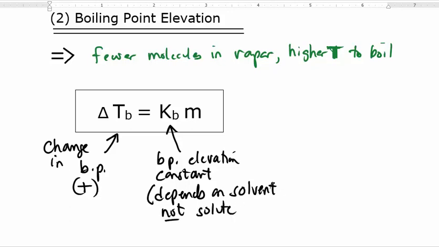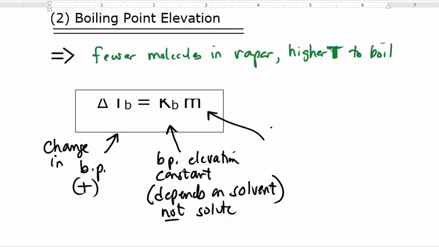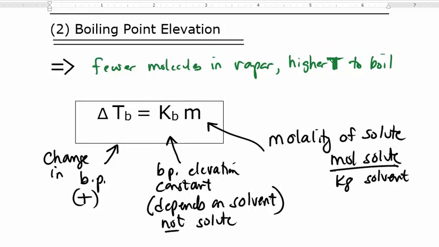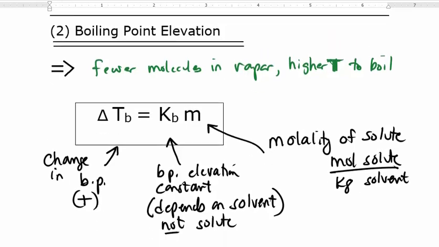It wouldn't be a colligative property if it depended on the solute. The final part of this equation is the molality of the solute, which gives the concentration of the solute in molal. Remember, molality is moles of solute per kilogram of solvent, and it's one way of expressing concentration.